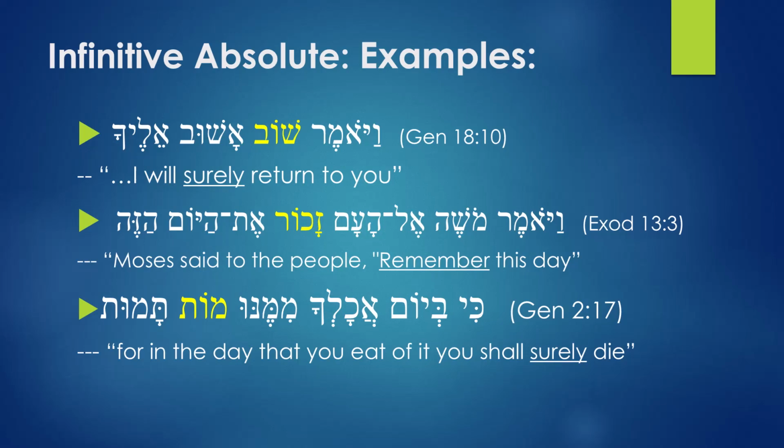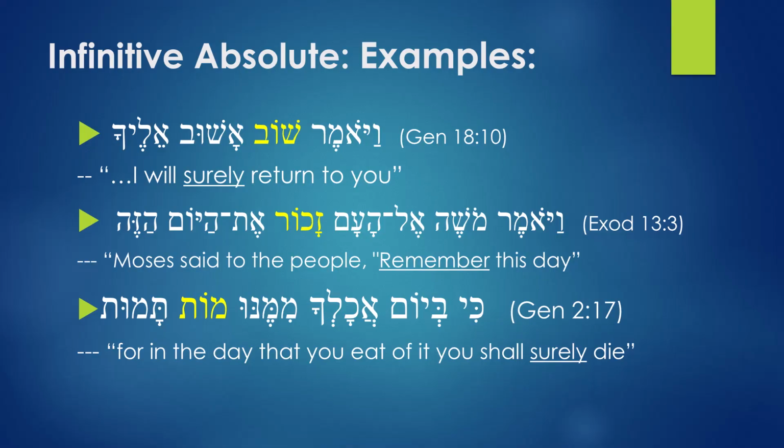And so the translation is going to be, for in the day, ki beyom. Ki means because or for. For in the day. Achaucha means you eat. For in the day that you eat of it, mimenu, of it or from it, mot tamut, you shall surely die, you will certainly die.